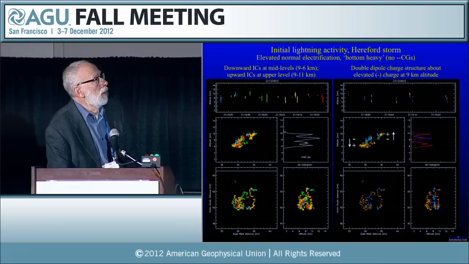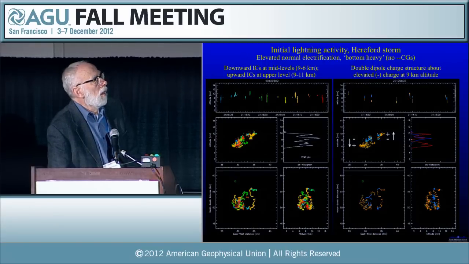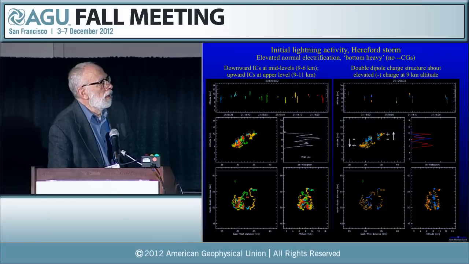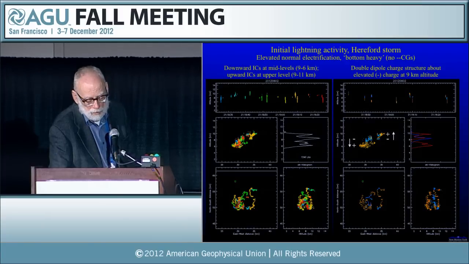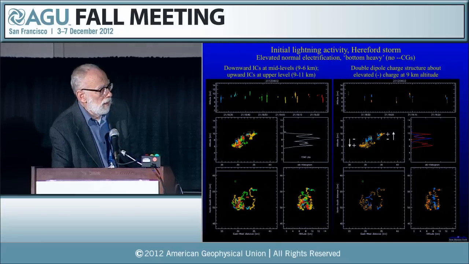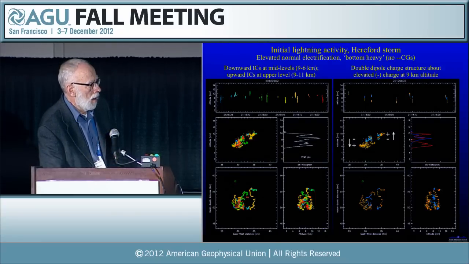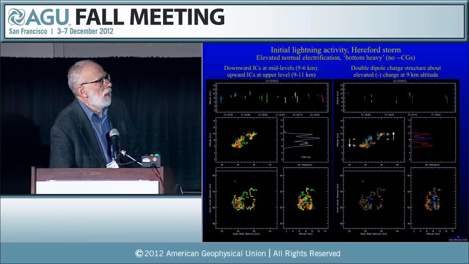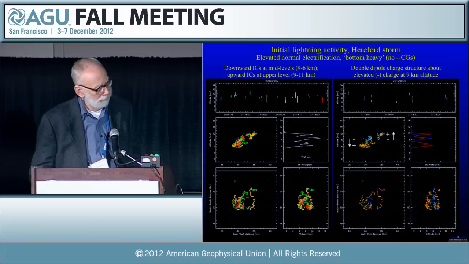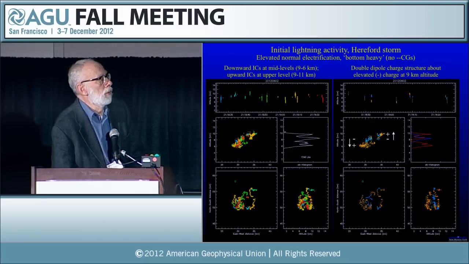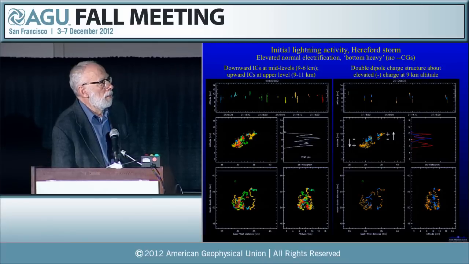This just shows what the lightning looked like at the very beginning of the storm, the initial lightning activity, which is going to be most indicative of the possible charging mechanism. On the right-hand side, you can see that there were discharges occurring between mid-level negative and lower positive, and mid-level negative and upper positive, marked by the white arrows and white pluses and minuses.